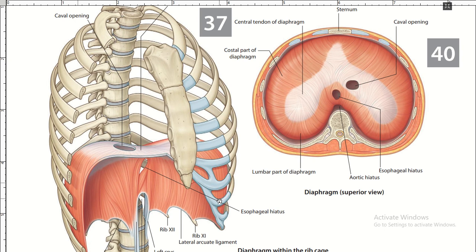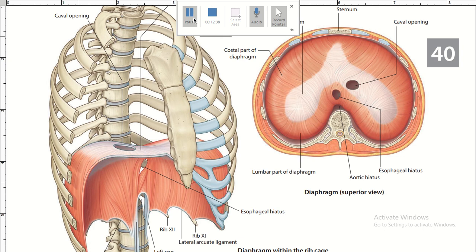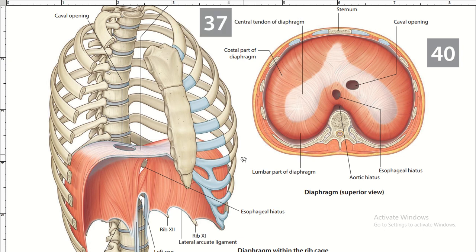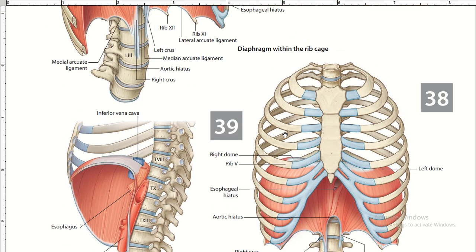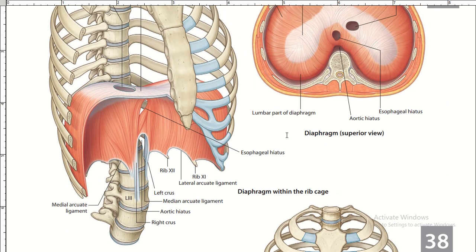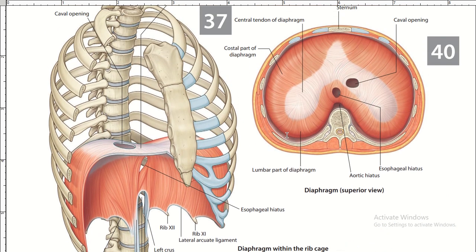Let us now go to the innervation applied to the diaphragm. Here's your diaphragm. It is going to be supplied by the right and the left phrenic nerves coming from C3 to C5.